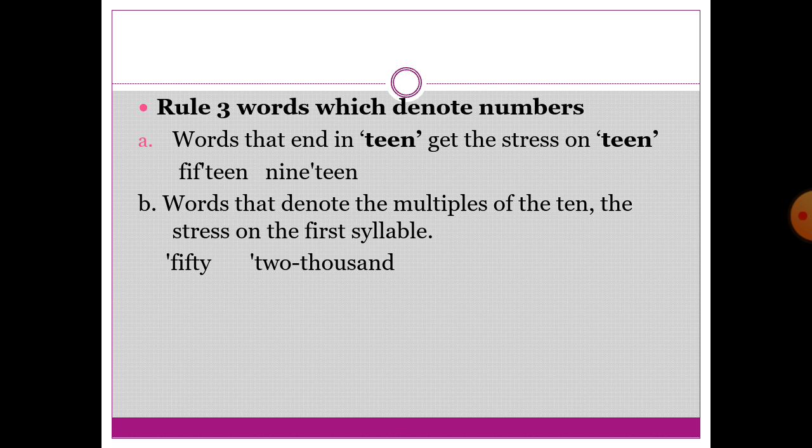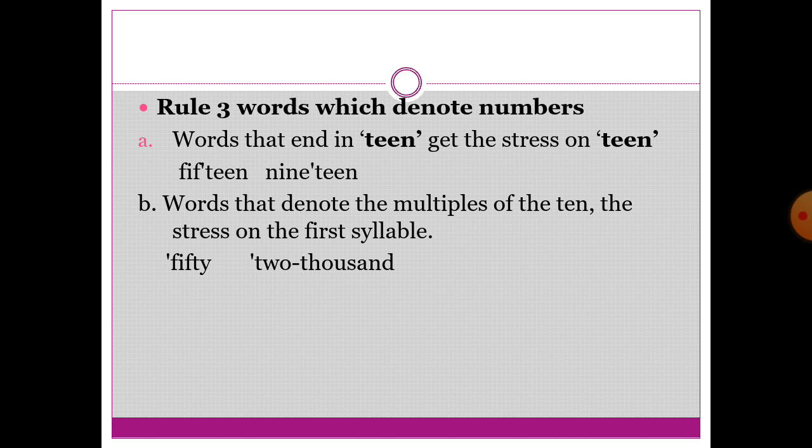Before going further, let's revise the rules once, and then we will have an exercise. The first rule is that when there are weak prefixes like a, b, d, re, co and con, the stress will be immediately after the prefix, that is on the second part of the word.